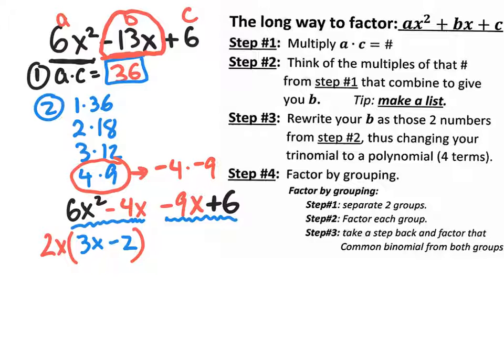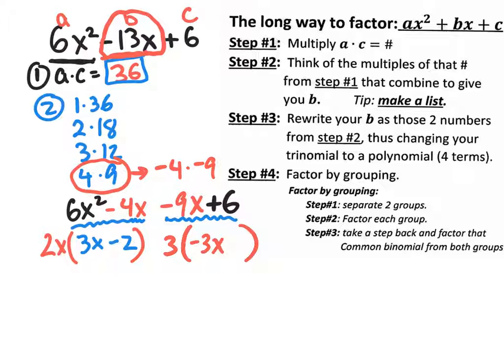Now let's look at the other group, and let's factor out what we can right here. What could we pull out of there? A positive 3. But if we pull out a negative 3, it'll be even better. Does that make sense? If I pull out a positive 3, what am I going to have on the inside? I'm going to have a negative 3x. And we know that we want a positive 3x, not a negative 3x.